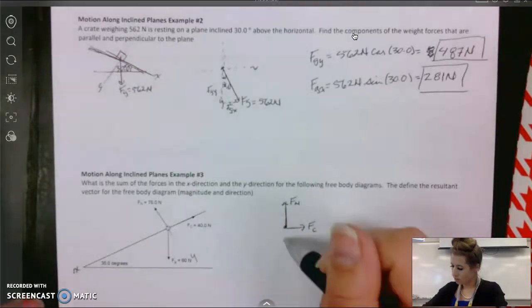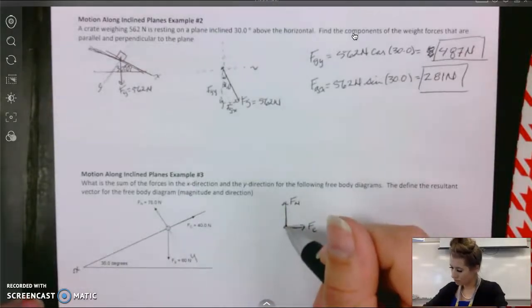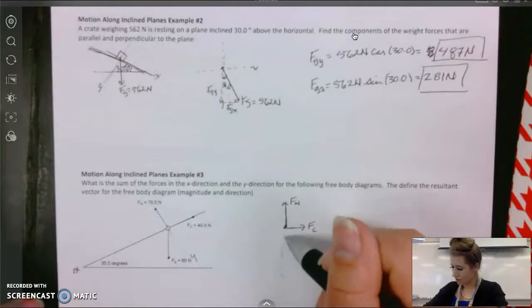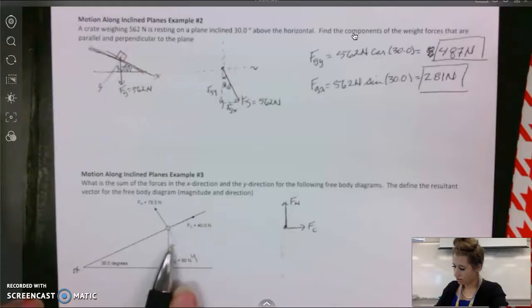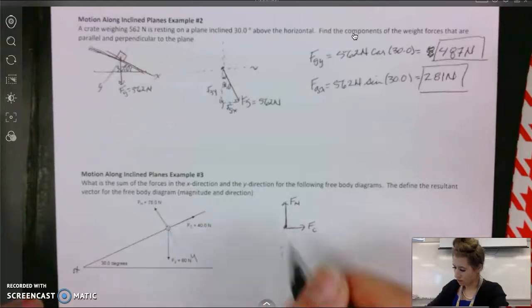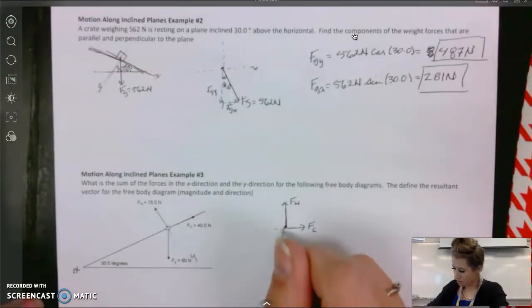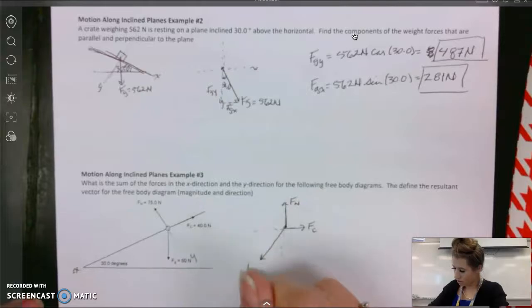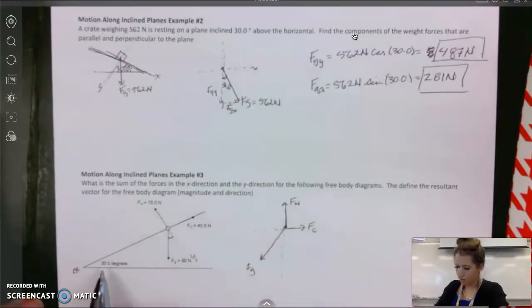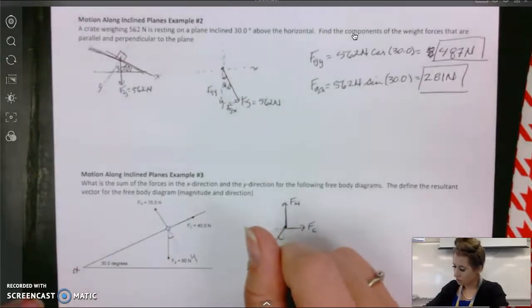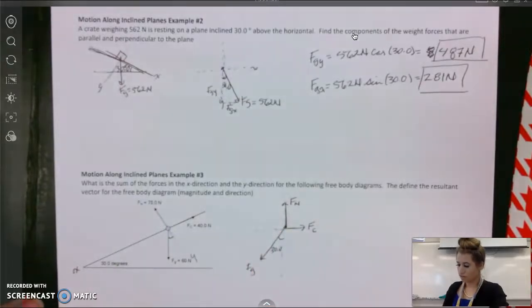Okay. And then we have our force due to gravity. But recognize, if this is force C, okay, here's the y-axis, and so our gravity is over here. Okay, so we have our force due to gravity. And remember that this angle is the same as the angle on the incline. So this is going to be 30 degrees.